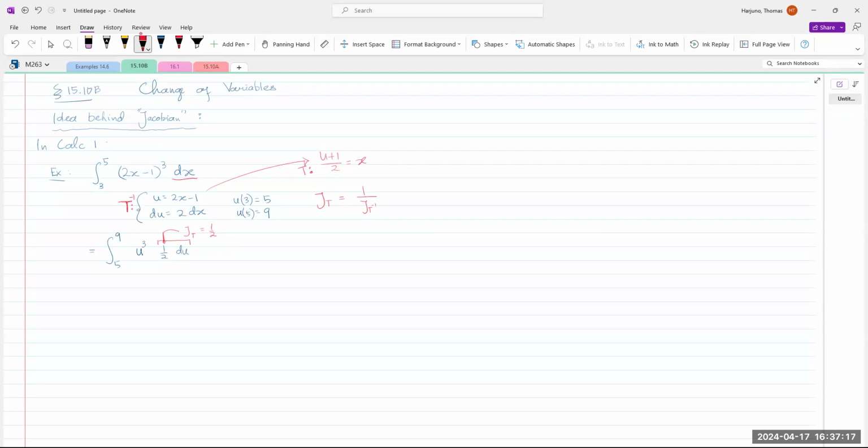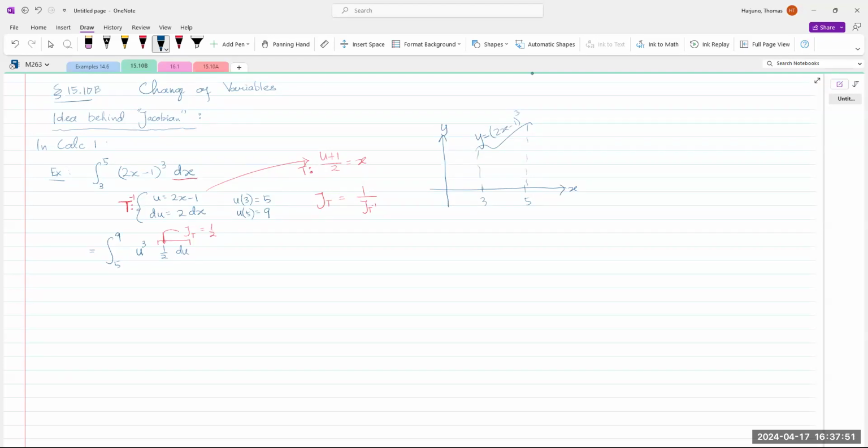Okay, now let's go on further, seeing what actually happens in this integration. So originally, our domain of integration is from 3 to 5, right? And then we have a function here. Okay, let's say that's the function (2x minus 1) cubed.